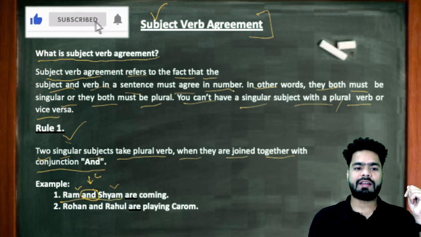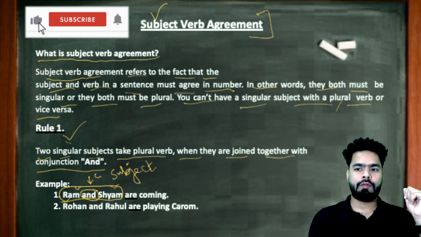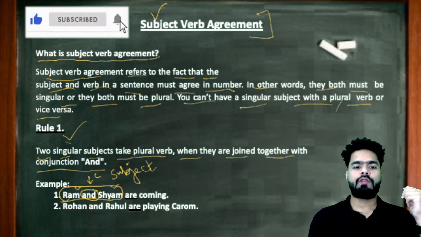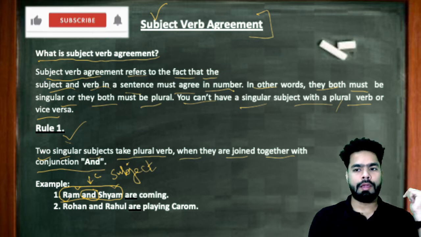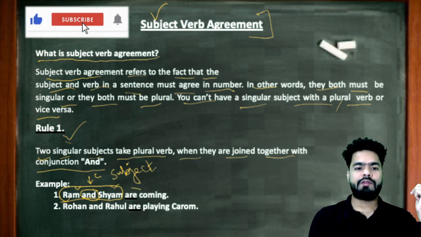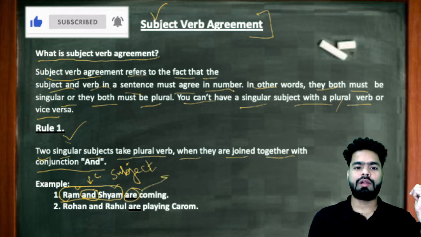Our subject is Ram and Shyam, and it has become a plural subject because two are there. If it is plural, then the verb should also be plural. This is why we have used are here. Are is a plural verb.